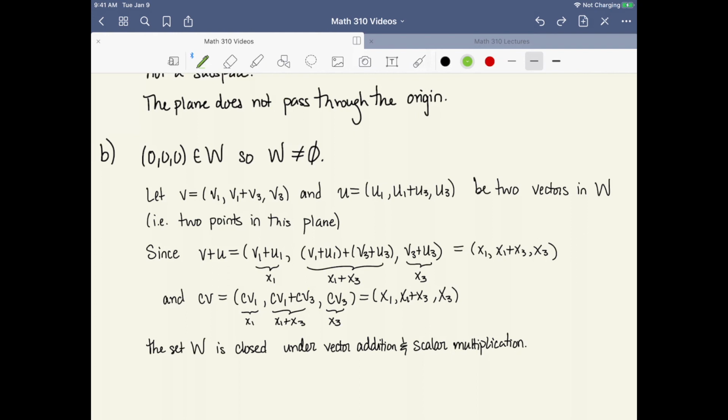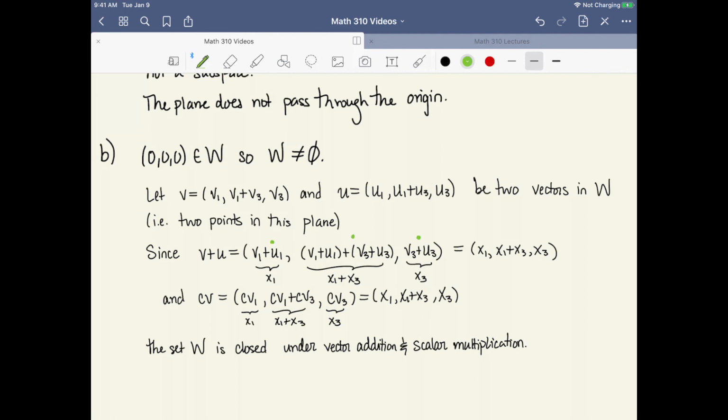When we add V and U, we add them component-wise. So we get V plus U. We get V1 plus U1 in the first entry, V3 plus U3 in the third entry, and then in the middle entry we add these together, and we get the sum of the other 2 entries. It may be easier to see this if you rename V1 plus U1 as X1 and V3 plus U3 as X3 to really see that this is X1 plus X3 in the middle entry.